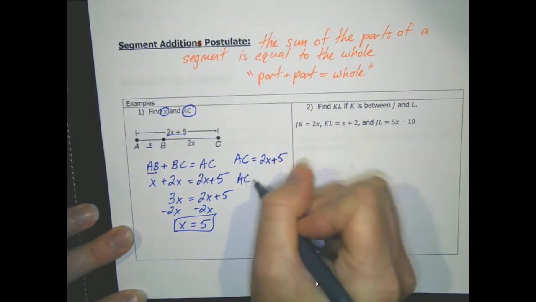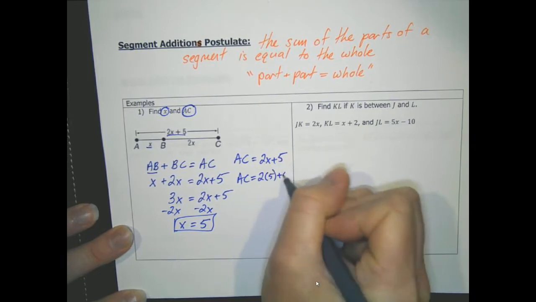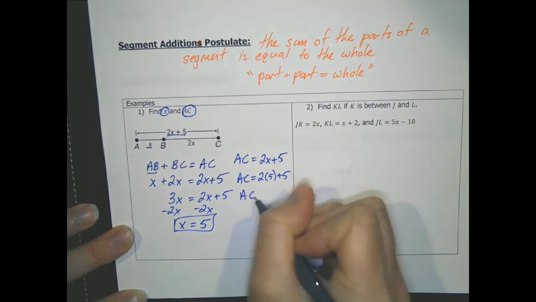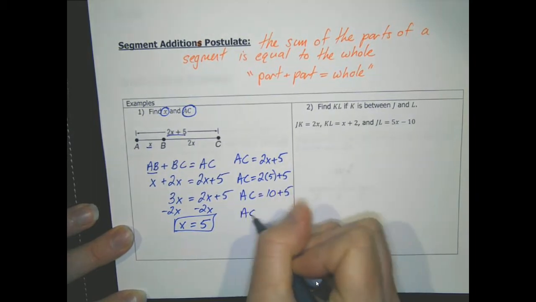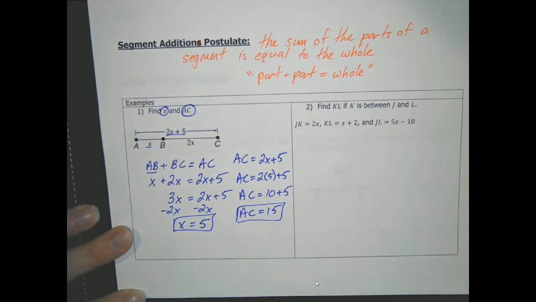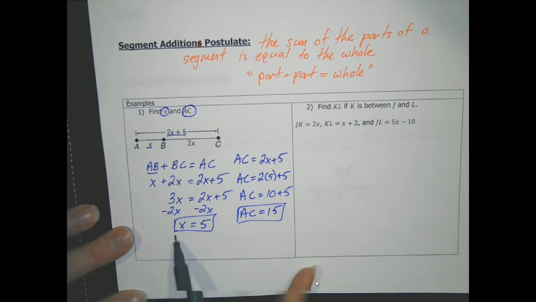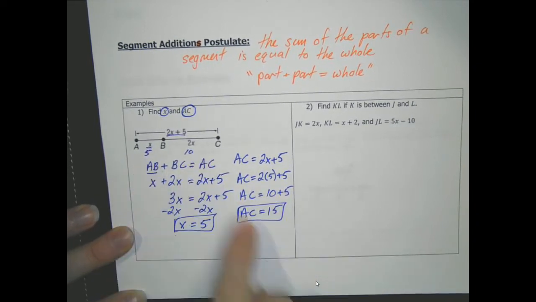So I replace the x here with 5: 2 times 5 plus 5. The distance from A to C is equal to 10 plus 5. The distance from A to C is equal to 15. Okay, you can check that. If I put x is 5, then this part would be 5, and this is 10, and 5 plus 10 is 15, so that does work.